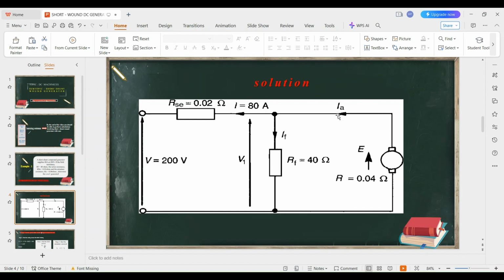The resistance within the armature is 0.04 ohms. We have our supply voltage here, that is 200, and we have V1 here. This is the terminal voltage: the sum of the supply voltage and the voltage drop here gives you V1. That is our diagram. So let's look for the EMF generated in that short shunt generator.